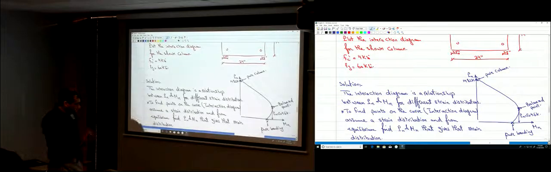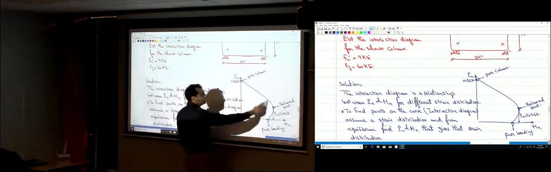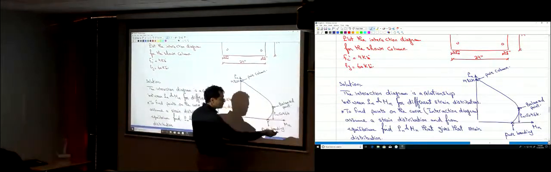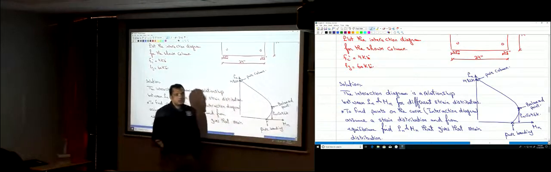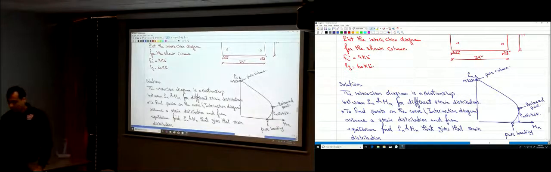And then the difference between the points is the magnitude of the strain on the other side. So here it's 0.003, over here it's tension, it's not compression, and it's 0.002 in the steel, not on the extreme end of the section.